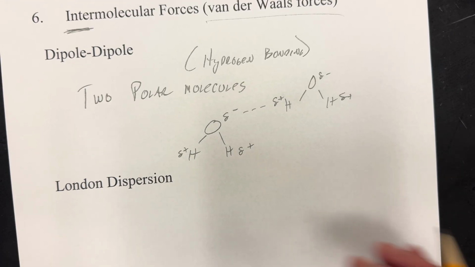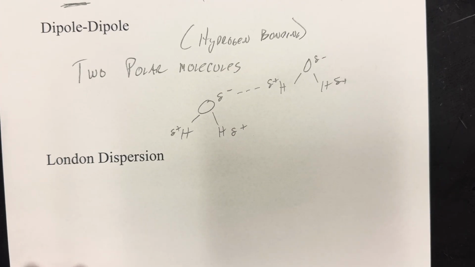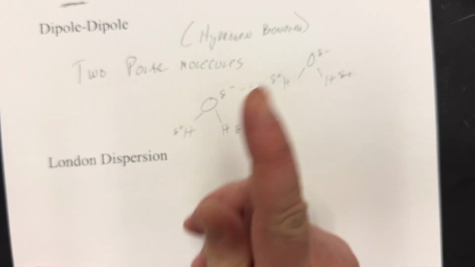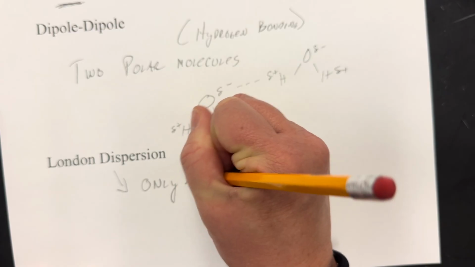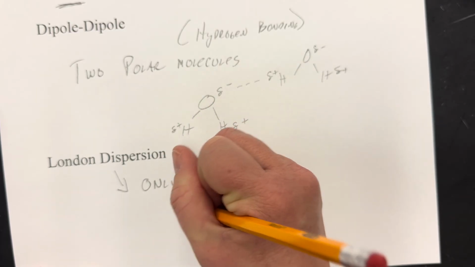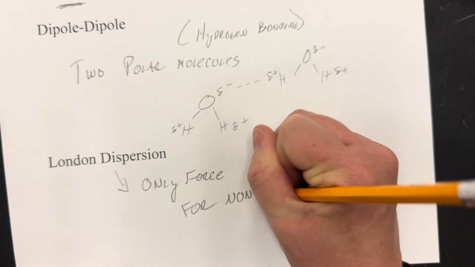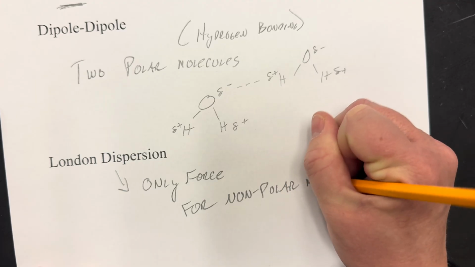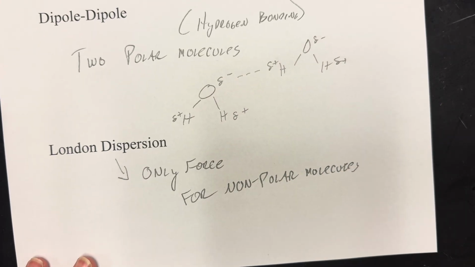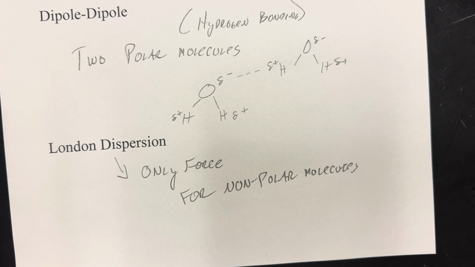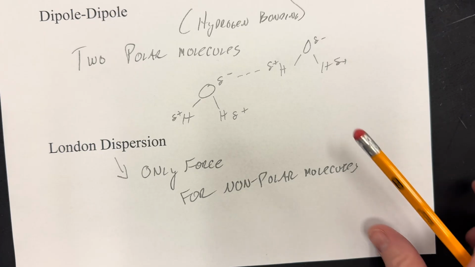London dispersion forces are just the random movement of electrons, and they occur in all compounds, but they are the only force for nonpolar molecules. This is a very weak intermolecular force, and this is why nonpolar molecules, if they are going to be liquids, will have a very high rate of evaporation.